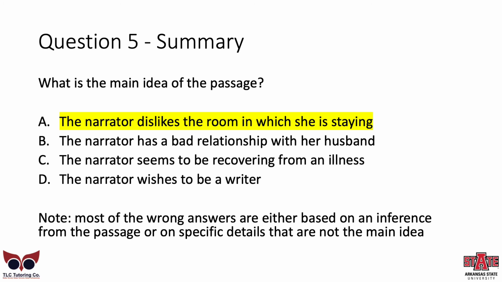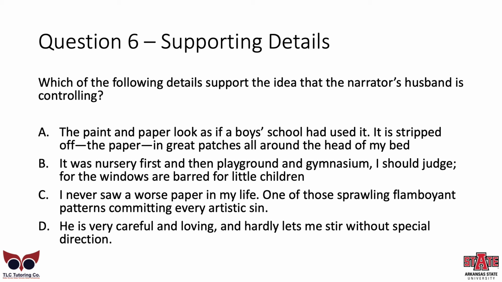main idea. Question 6. Supporting details. Which of the following details support the idea that the narrator's husband is controlling? A. The paint and paper look as if a boys' school had used it. It is stripped off the paper in great patches all around the head of my bed.